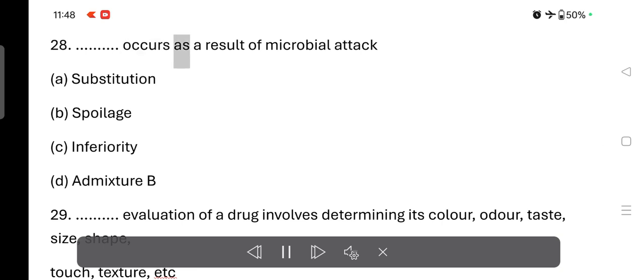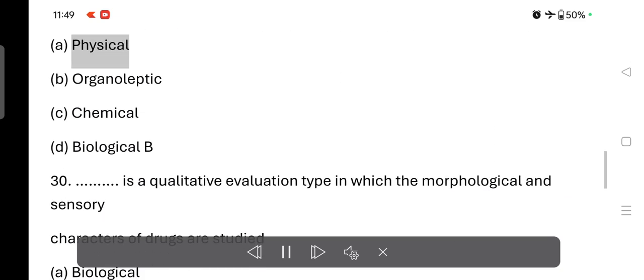Answer: D. 28. Occurs as a result of microbial attack. A. Substitution. B. Spoilage. C. Inferiority. D. Admixture. Answer: B. 29. Evaluation of a drug involves determining its color, odor, taste, size, shape, touch, texture, etc. A. Physical.